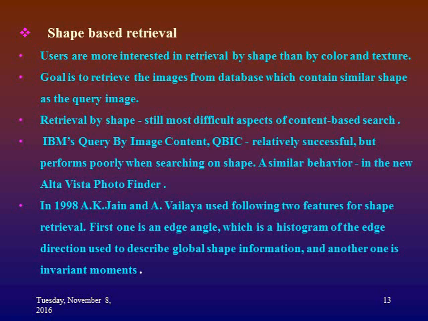Next is shape-based retrieval. Shape-based image retrieval comparison looks at shapes of regions within an image and searches for shapes similar to the one in the query image. Here our goal is to retrieve images from the database which contain a similar shape as in the query image. Retrieval by shape is still one of the most difficult aspects of content based search.